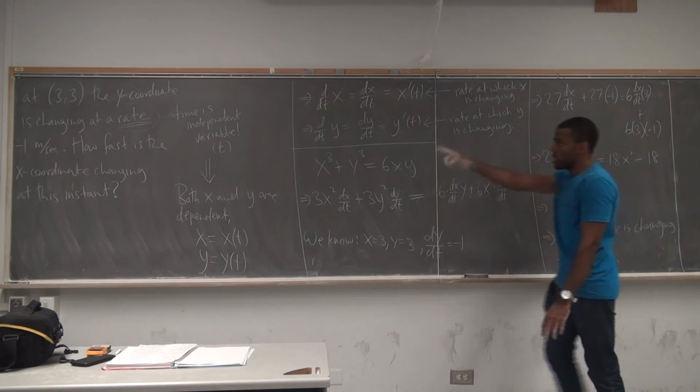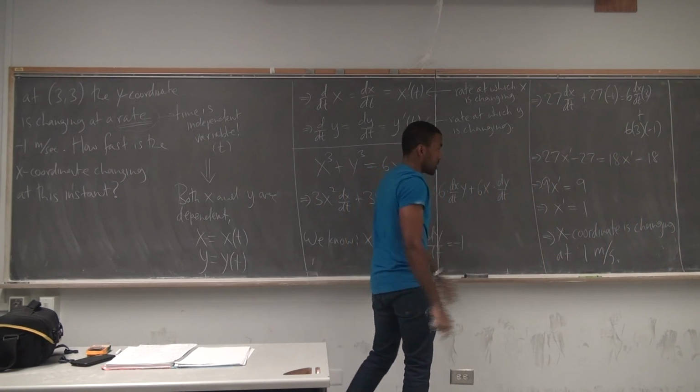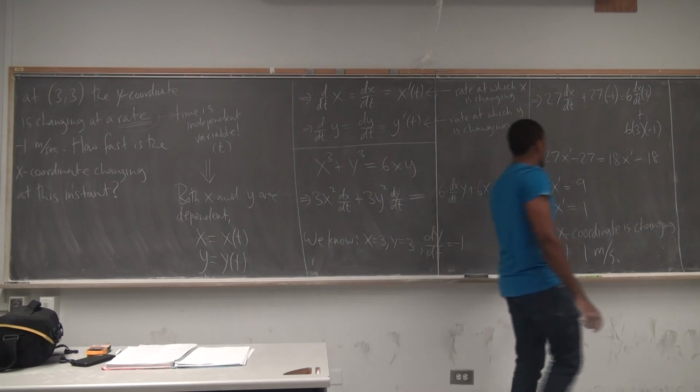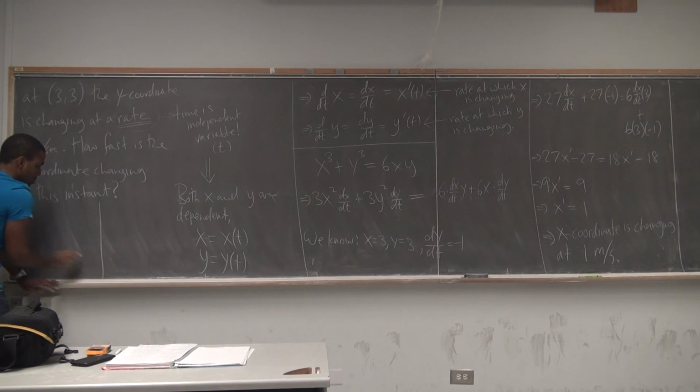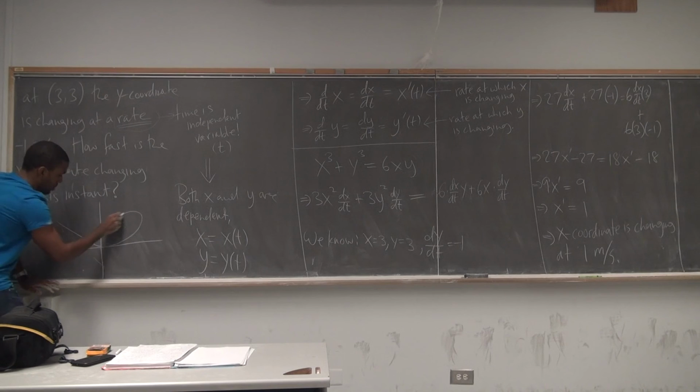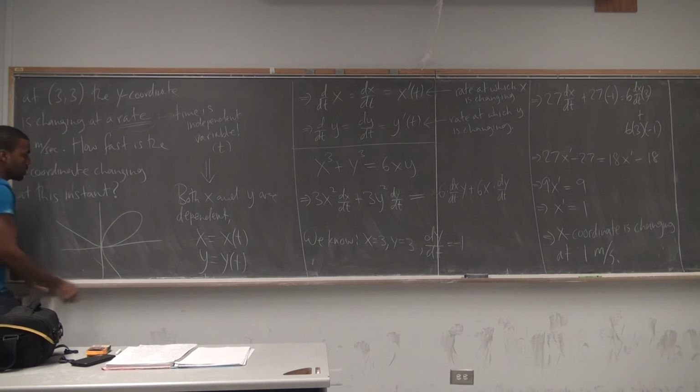So when your y is decreasing by 1 meter per second, your x will actually be increasing, which basically means we're on this curve.